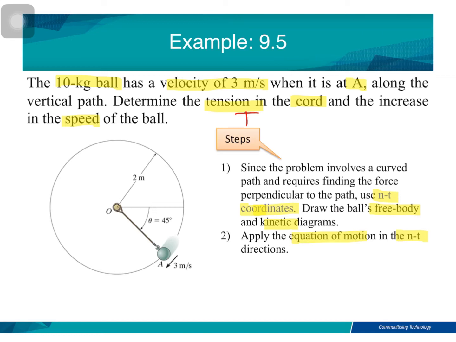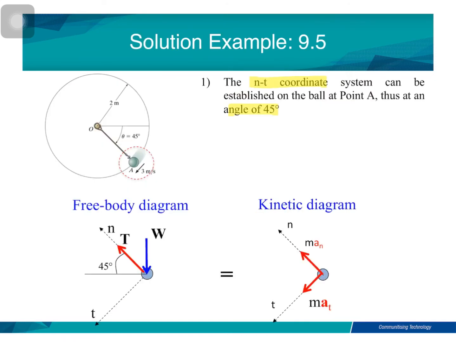First, you need to establish the normal and tangent, and then sketch the free body diagram. This is the tangent, and this is the normal. That is the first thing you must know how to do. First you need to sketch the tangent.